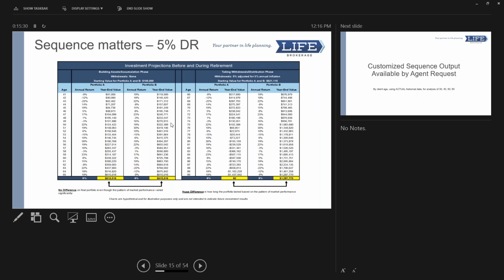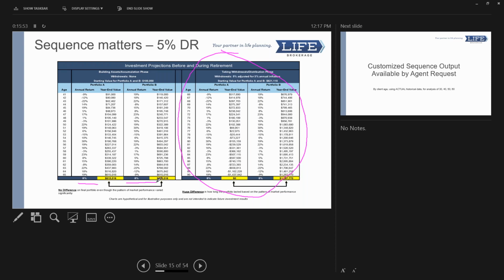We have a great piece that describes sequence of returns. We'll show historical performance. We'll reverse the actual performance, and we'll show you what happens on the way up, and then conversely, what happens on the way down. And what you'll find is that on the way down, sequence really matters. It means nothing on the way up the mountain when you're accumulating.